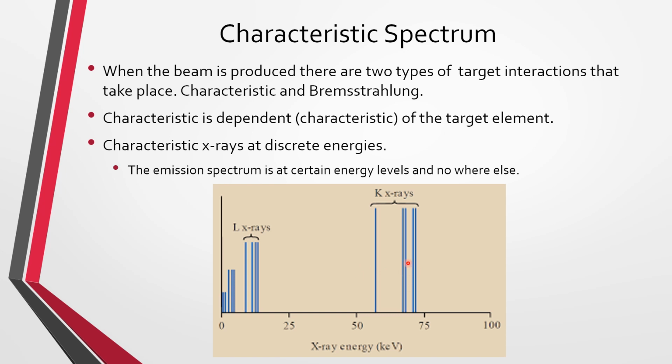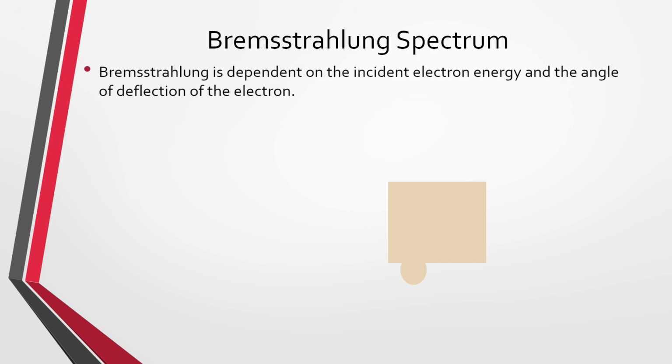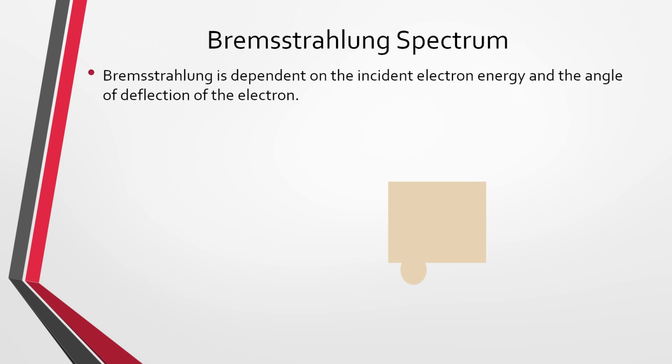And we draw that out with a peak. For the full X-ray emission spectrum, we draw a peak at 69 to represent that. The Bremsstrahlung spectrum. Bremsstrahlung is dependent on the incident electron energy and the angle of deflection of the electron. If you're not familiar with these things, I recommend you review the previous video.